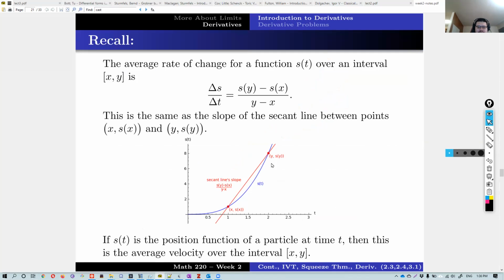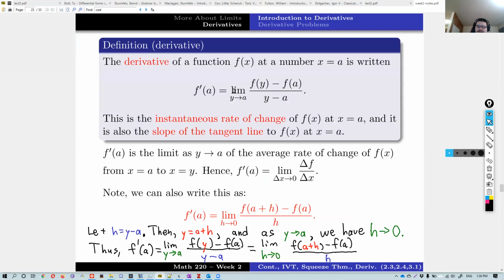From these 2 points, we can create an expression that calculates the slope of this secant line. And if we let y approach x, the slope of the secant line is going to approach the slope of the tangent line, which is exactly what this limit is doing. That is what we call the derivative, the slope of the tangent line at a particular point A. And this is just another way of saying the same exact thing.